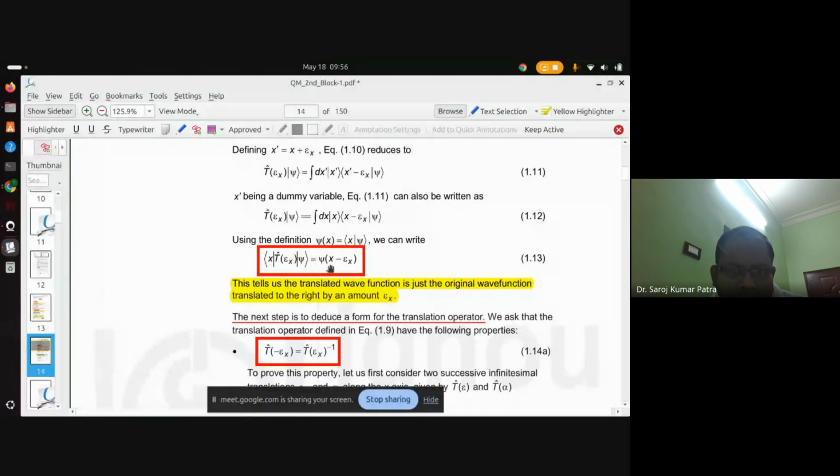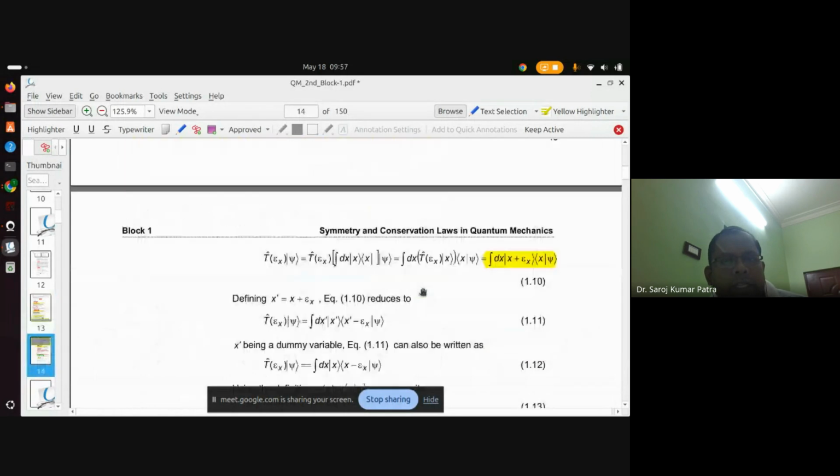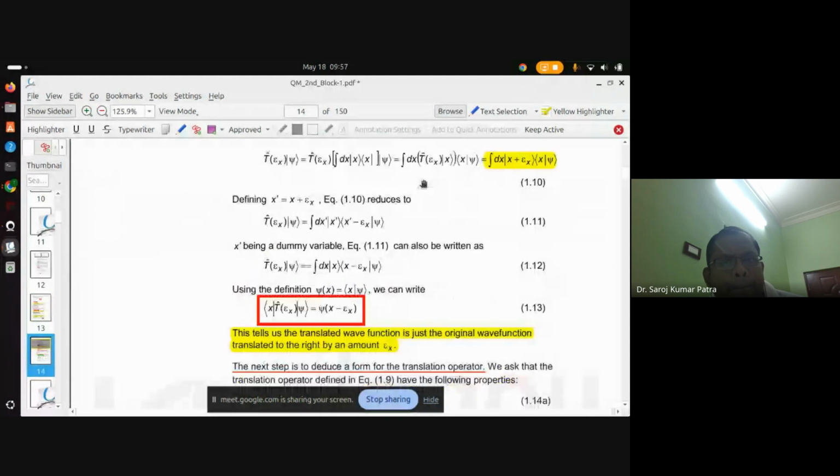So when the system is moving from x to x plus epsilon x, the T operator operating on psi x will give us psi of x minus epsilon x. Is this mathematical part clear to everybody? Any doubt?